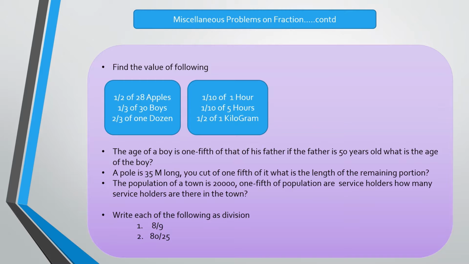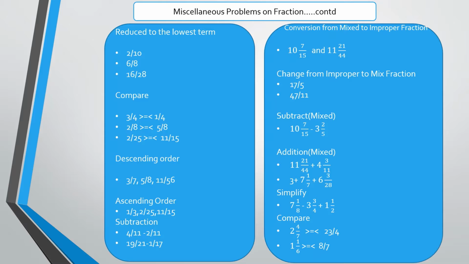Then we'll also find a fraction of a whole: if a quantity has been given as a whole, and we are asked to find a fractional quantity of it, how to do that. Also, there are certain very wonderful word problems that we'll discuss in detail, how to change fractions into division. Then we'll learn how to reduce a fraction to its lowest term, and what exactly the lowest term is.